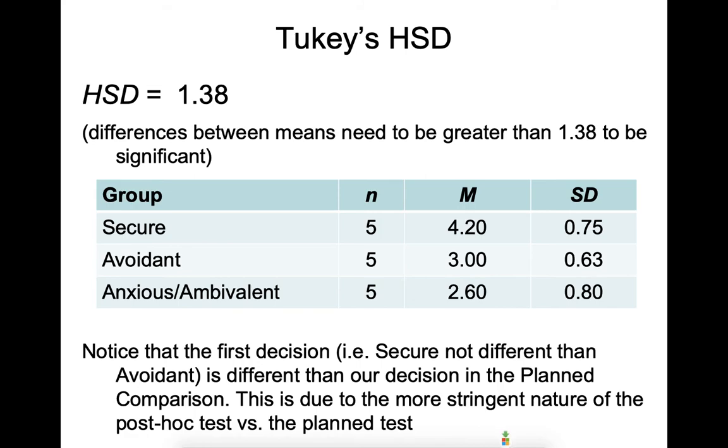When we do a planned comparison, because we made the prediction ahead of time, there's already a certain level of confidence that those means ought to be different, and that's based on prior theory or some good reason. We give ourselves a little bit more latitude in that we can use that alpha of 0.05. Here, kind of behind the scenes, we're using a corrected alpha level. So it's possible, depending on whether you use a planned comparison versus a post hoc comparison, that you'll get a different statistical decision. Wow.